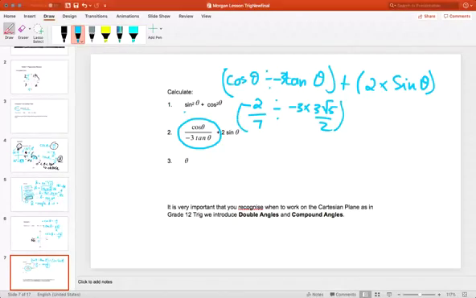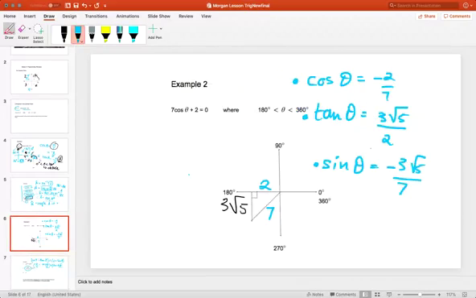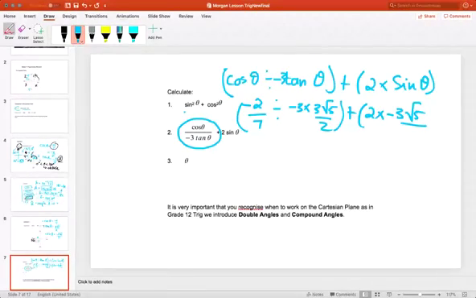Close the brackets, plus 2 times negative 3 root 5 over 7. So that step's actually very important. You have to make sure that you have substituted correctly, because it doesn't matter how well you work after that. If your substitution is not right, the rest is not right.